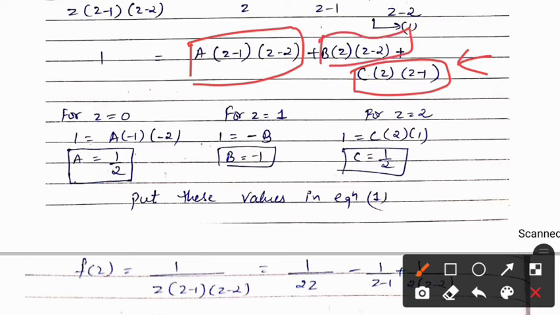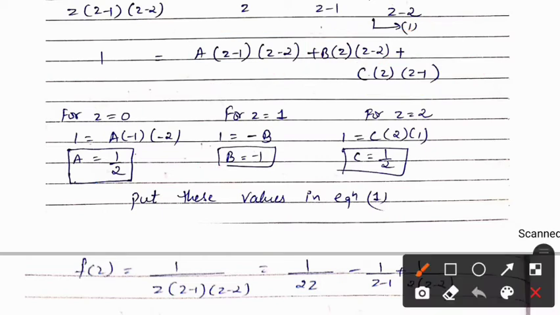So b equals minus 1. In a similar way, if I take z equal to 2 and put it in this equation, the values of a and b will be 0, so I will only get 1 into c into 2 into 1. So I get c equal to 1 by 2.